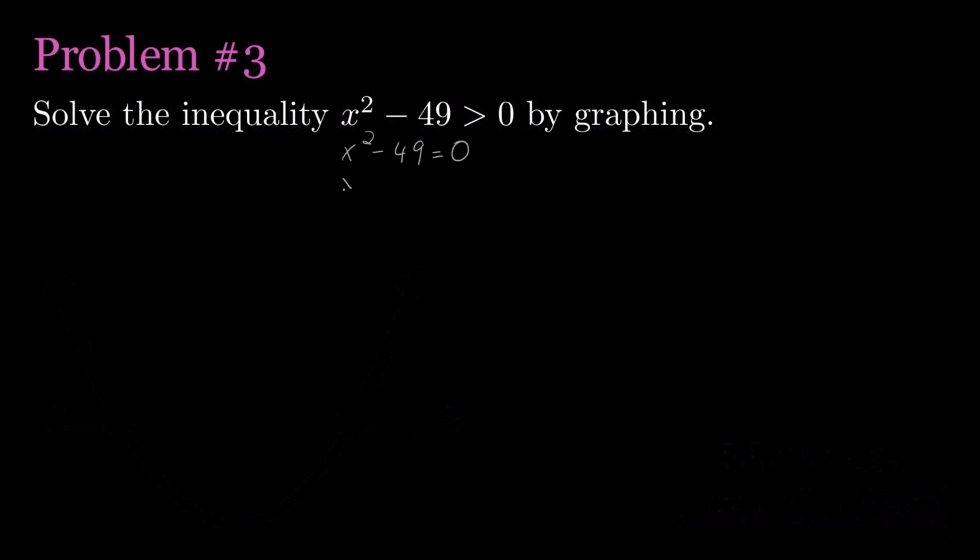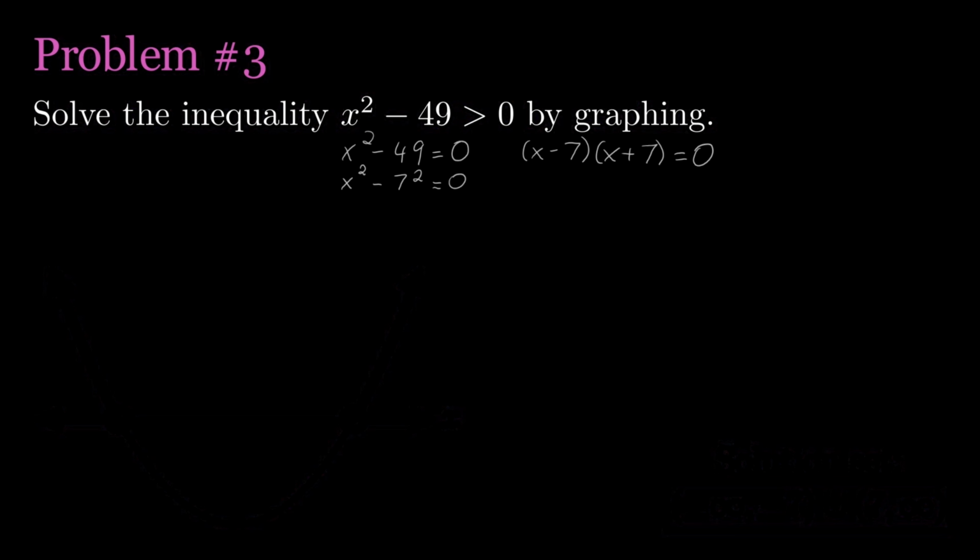As I said, factoring is available here. As a difference of squares, it is x squared minus 7 squared equals 0, with the basis of x and 7. So x minus 7, x plus 7 equals 0.